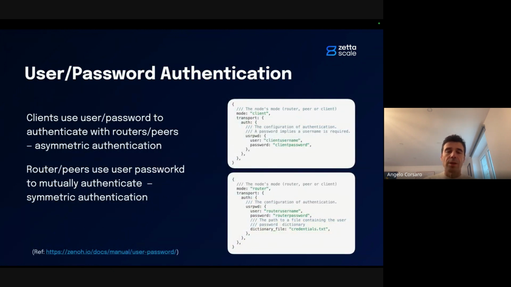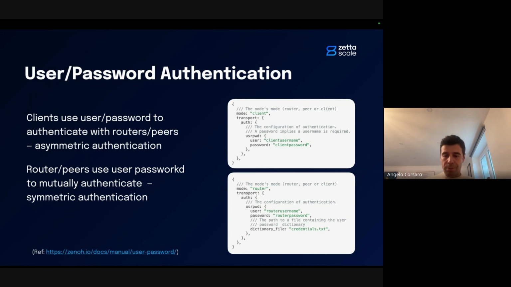You can configure user and password on the client side in order to authenticate with routers and get asymmetric authentication, okay? Or you can configure it also on routers and peers in order to have mutual authentication between the routers that connect with each other or the peers that connect with each other.